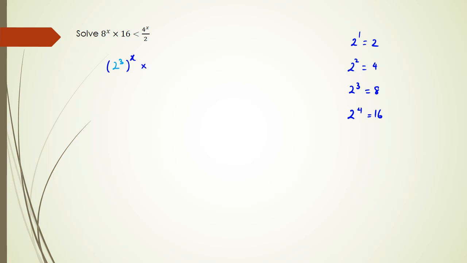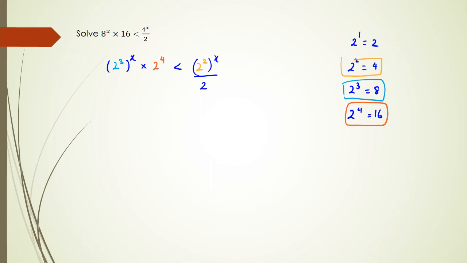Then it's multiplied by 16, but 16 I can replace with 2 to the power of 4. And that's less than, now 4 is 2 to the power of 2, and that's being raised to the power of x divided by 2.